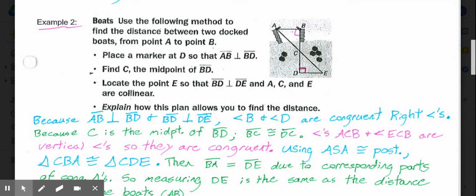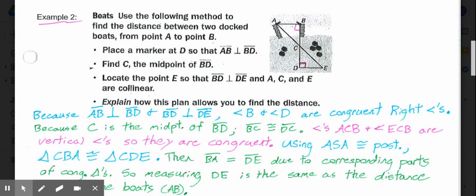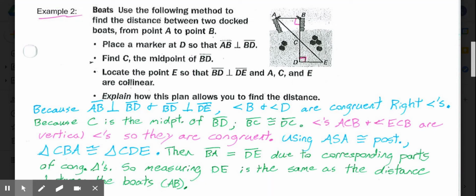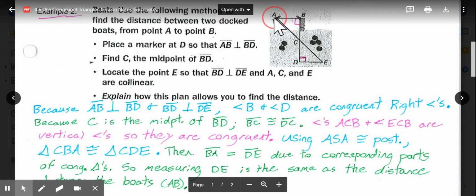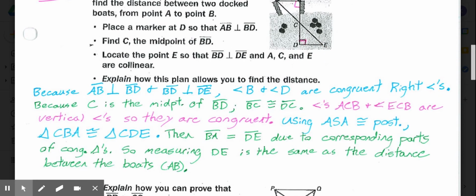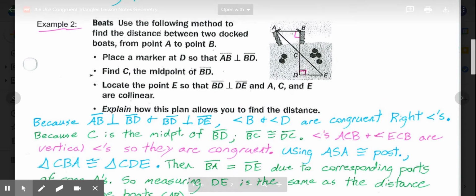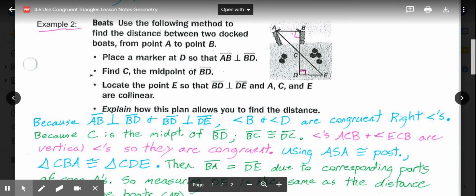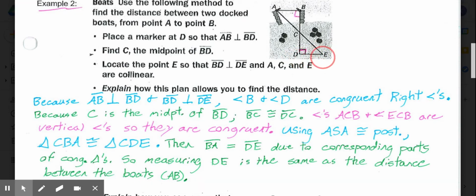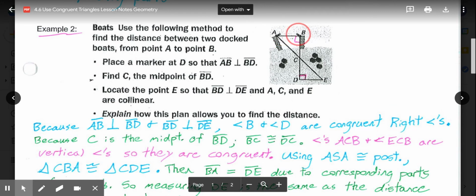So then we can use angle side angle to prove that triangle CBA is congruent to triangle CDE, which tells us the distance between A and B is equal or congruent to that distance between D and E. So what they could do, saying that D and E is on the land and A and B is in the water, the distance between the boats, they could then measure that distance on land from D to E, and that equals the distance between the boats, AB.